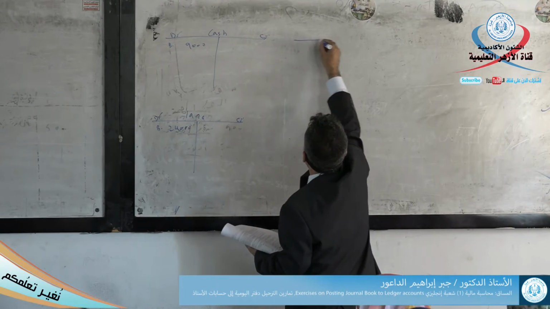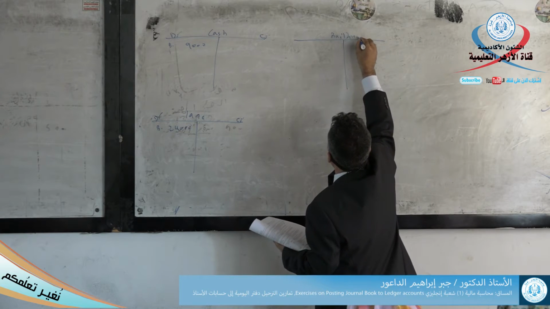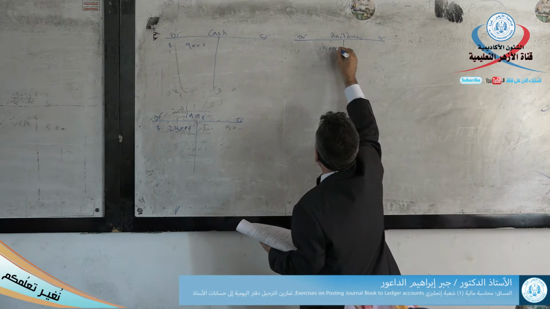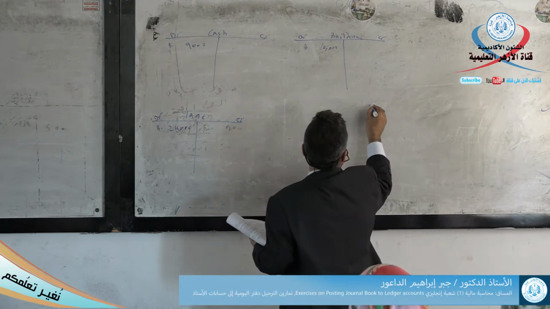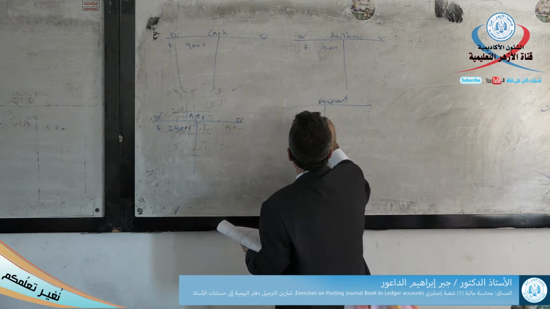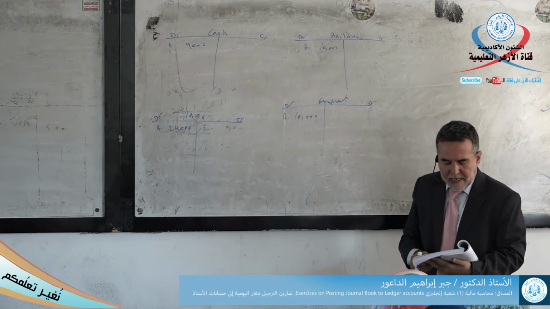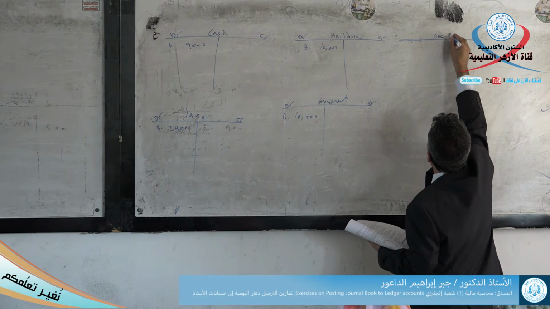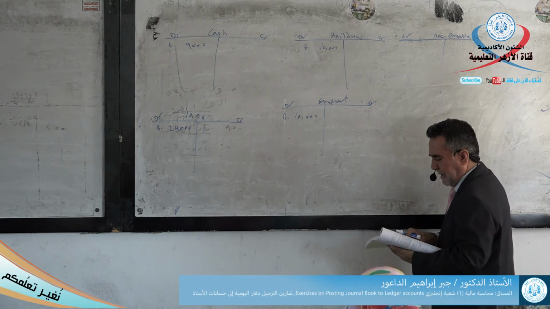Building, 10,000. Equipments. Accounts payable, $7,000.